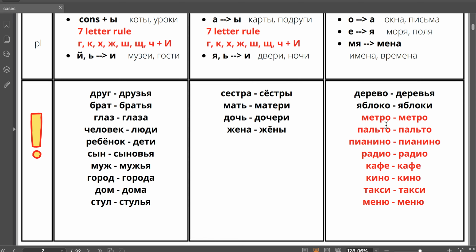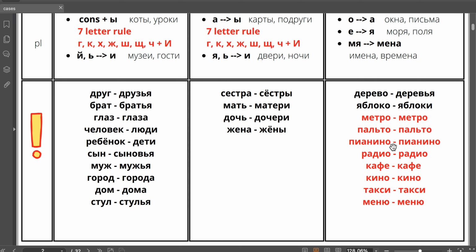Metro, metro, metro. So a single metro station or just metro, and metro stations or just metro in plural, it's metro. So it doesn't matter, singular, plural, one word. Next one is coat, one coat and many coats. Still the same form. Пальто, пальто.